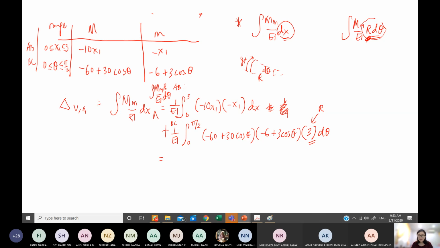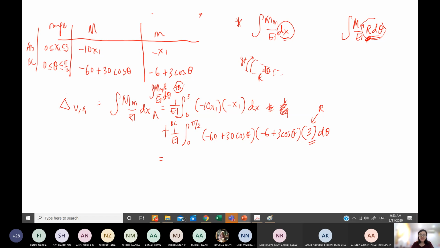Can you help me to solve for AB first? I have an answer here with me. We are almost out of time, can you do it quickly so that we can complete this together?